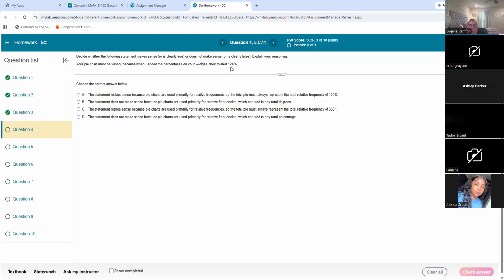Remember, we said on our pie chart that had to total up to 100%. So they're saying it was 124. So that makes sense that they're wrong. So let's look at one that says it's wrong. So we want B or D on this one.